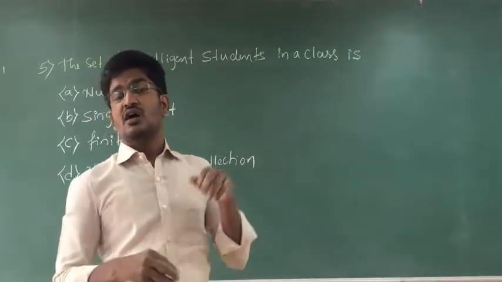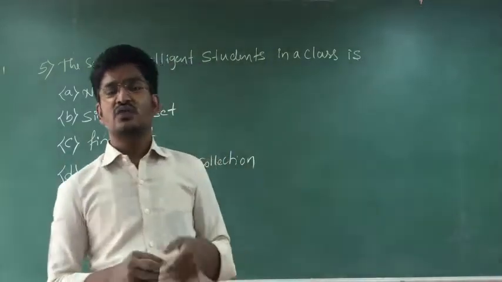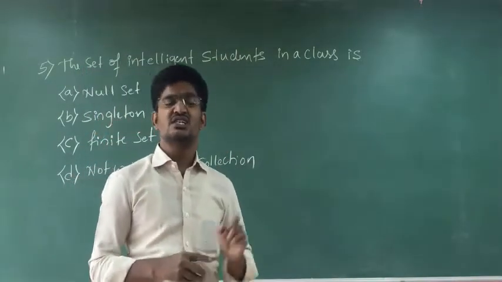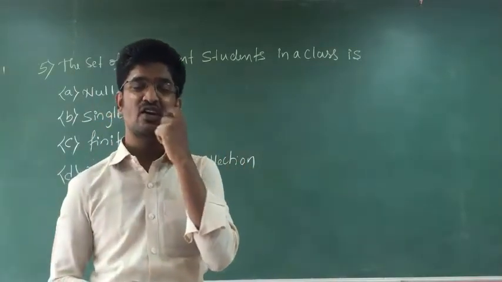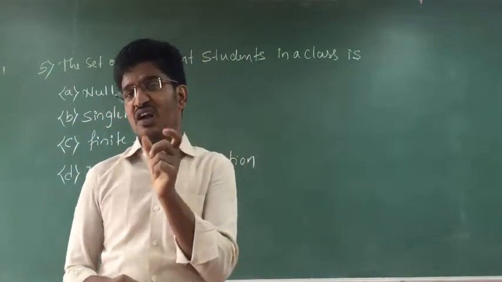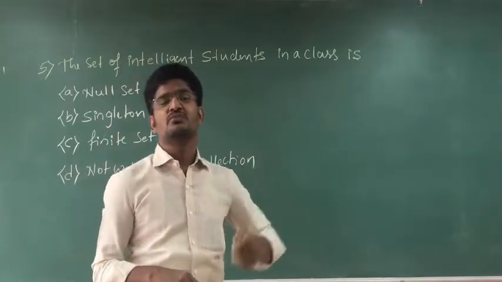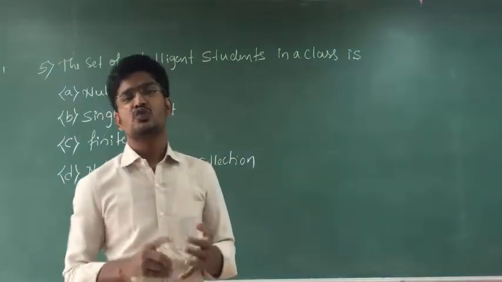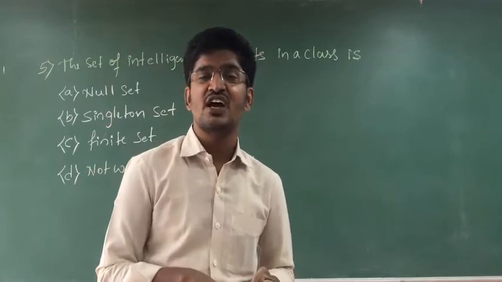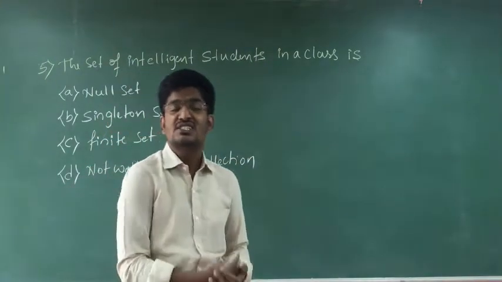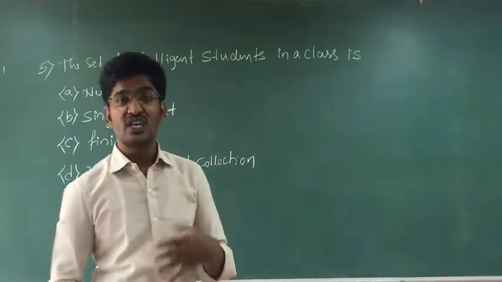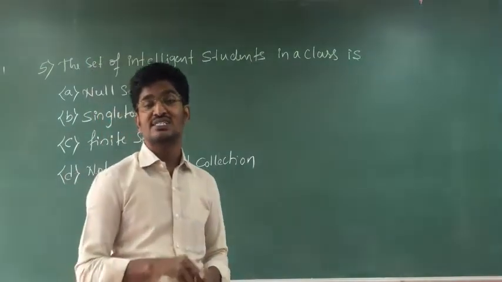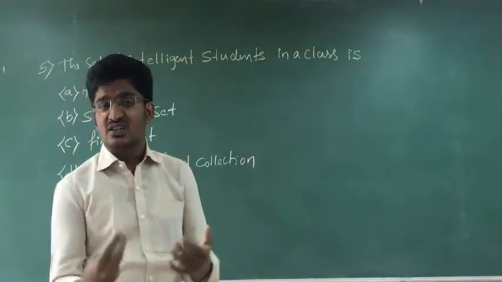But whenever the word intelligence comes, it becomes not well defined according to our set definition in mathematics. Because the student who cannot score more than 35 also can be intelligent according to his circumstances, and the student who is getting 100 may not be intelligent according to the circumstances of others. Are you getting my point?